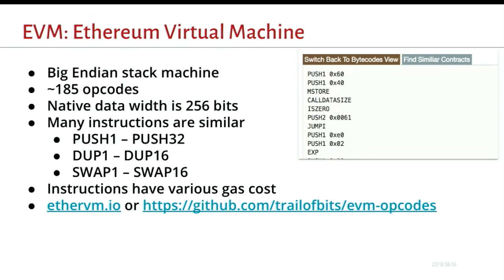So there's a unique opcode for push 1 byte onto the stack, push 5 bytes on the stack, and so on. Each of these instructions have a gas cost to prevent infinite loops on the world computer. And things like add and subtract have a much lower gas cost than storing into the permanent ledger. A good reference for more about EVM is ethervm.io or this EVM opcodes repository I made on GitHub.